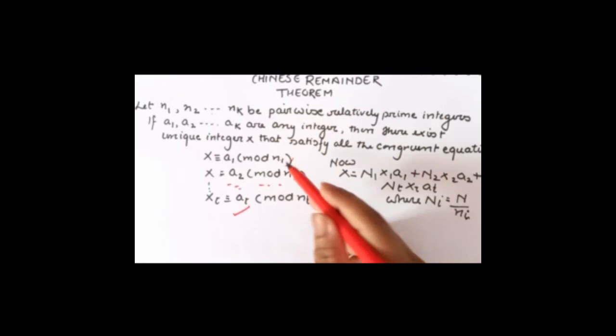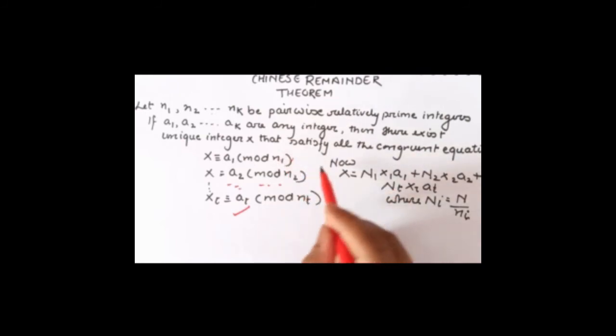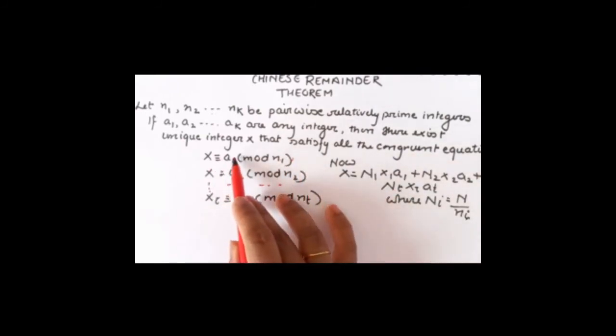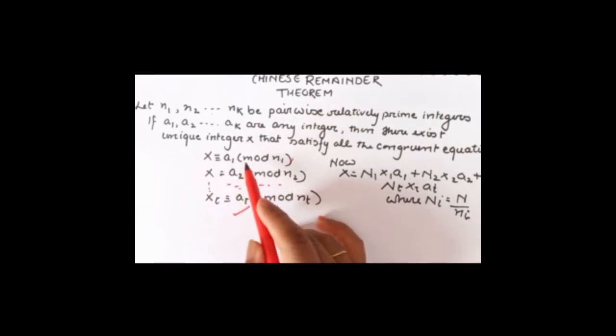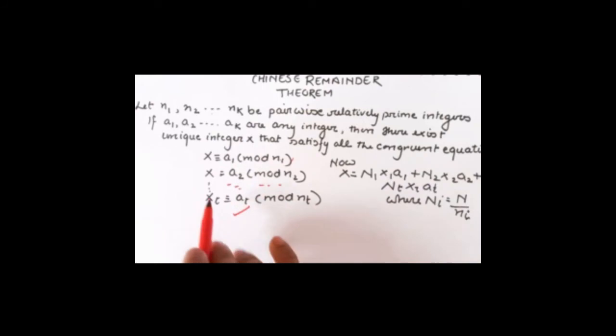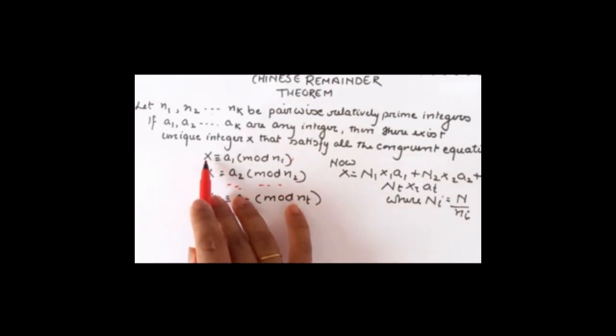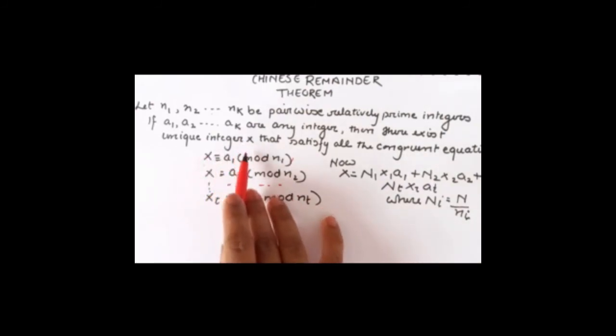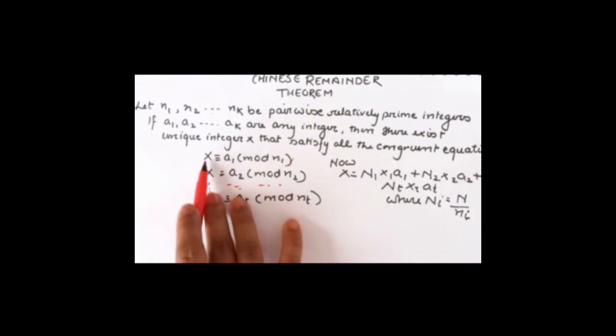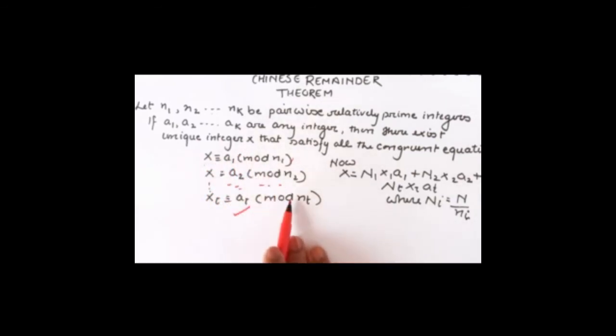And there are positive integers a1, a2 up till at, such that there is a unique integer which satisfies all these equations. That is the Chinese remainder theorem.